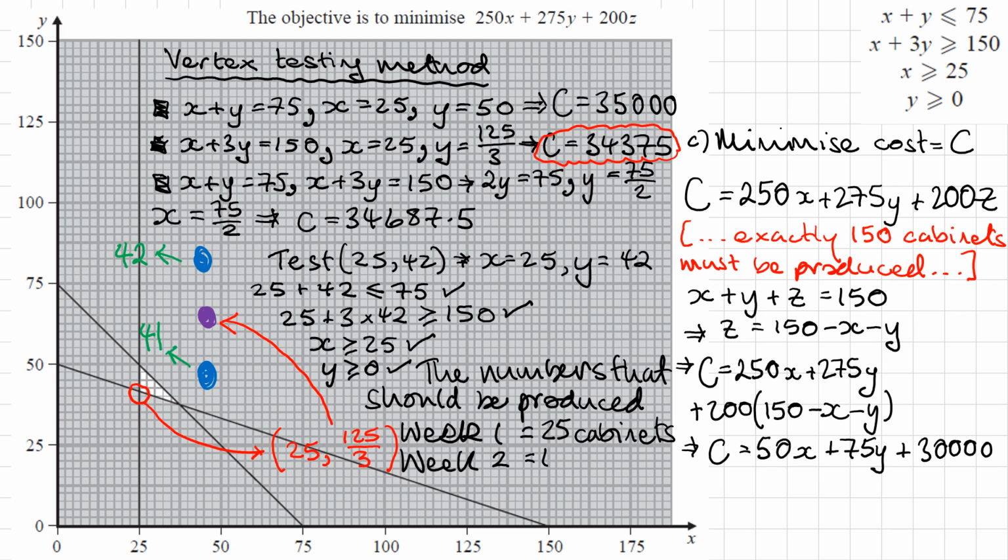Now remember week 3, and remember that the total number of cabinets they need to make is 150, and z is equal to week 3, 150 minus the 25 minus the 42. So if you do that in week 3, 150 minus 25 and 42 gives us 83. So week 3 should be 83 cabinets.